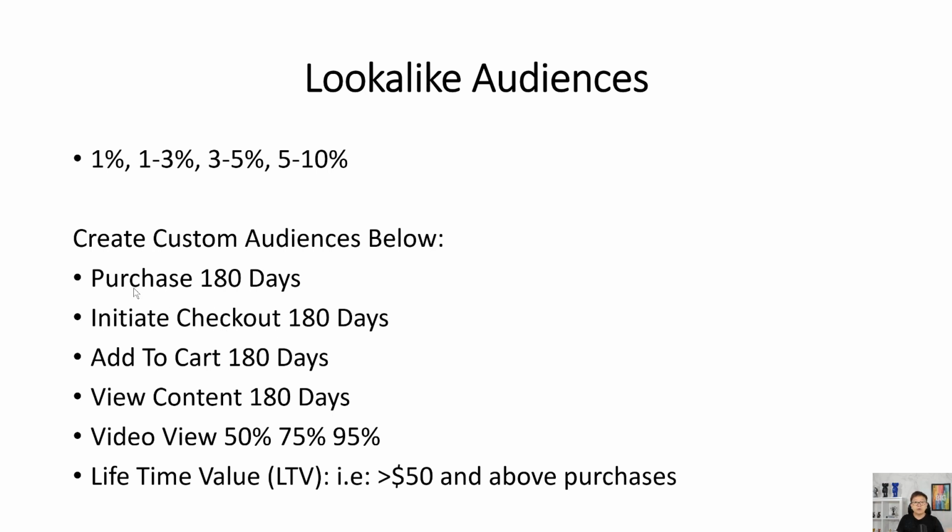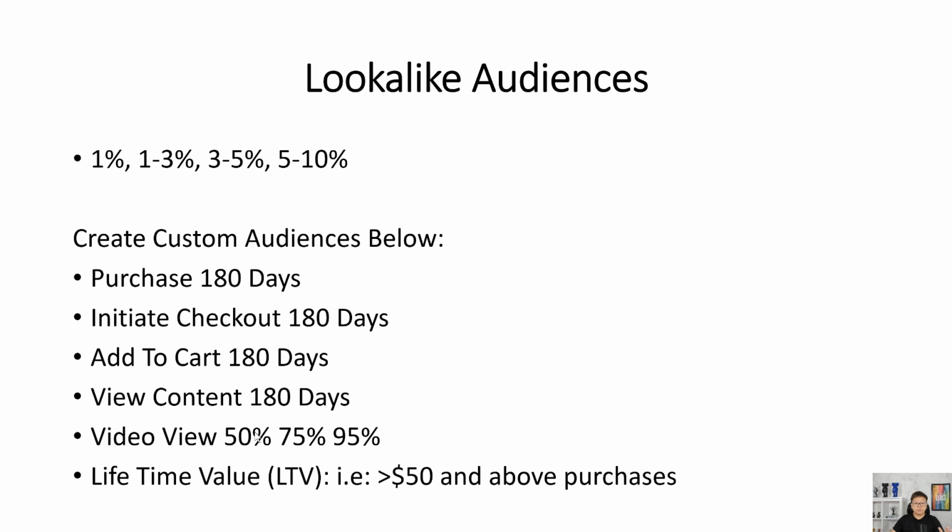Okay, so we have purchase 180 days. The reason we put 180 days is that we want to have as much information as possible to feed Facebook. If we're doing retargeting, this option will be different, but if we're using it for lookalike audiences, we just put 180 days. We'll also put initiate checkout, add to cart, view content, and video views at 50%, 75%, and 95%.